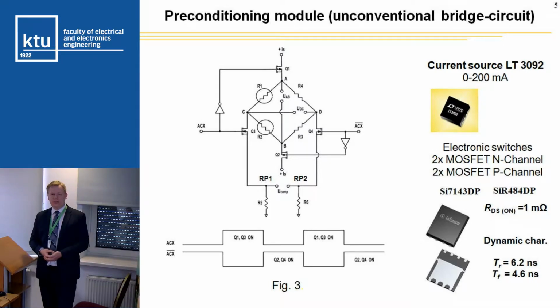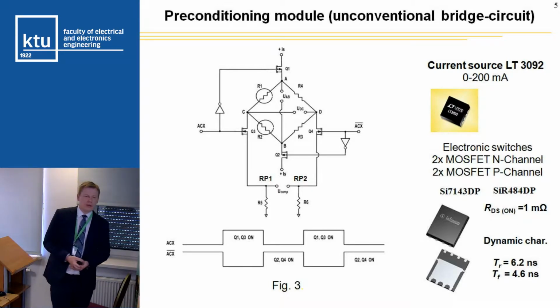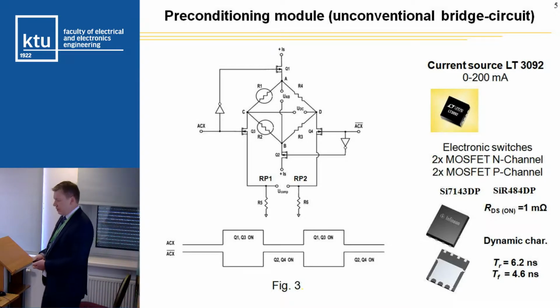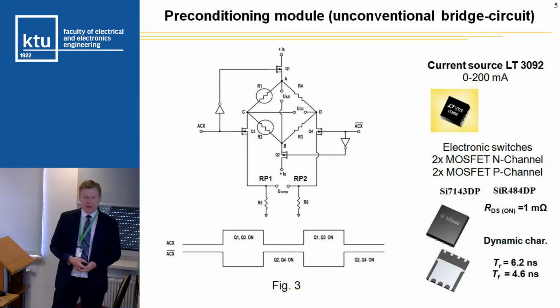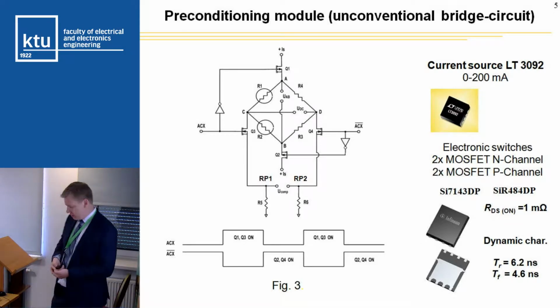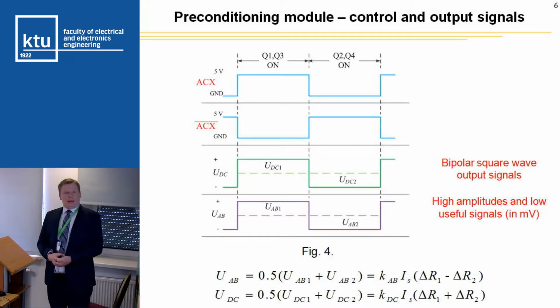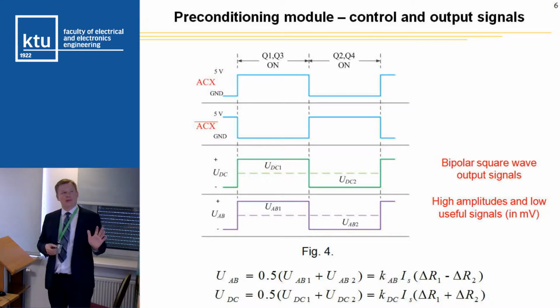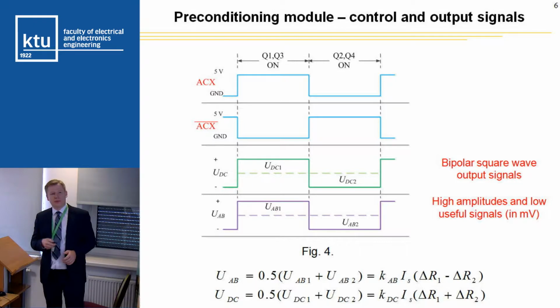Rising time is in nanoseconds, falling time is in nanoseconds, and resistance of these switches is 1 milliohm, so it cannot influence the resistance in the bridge arms. These are control signals and output signals.